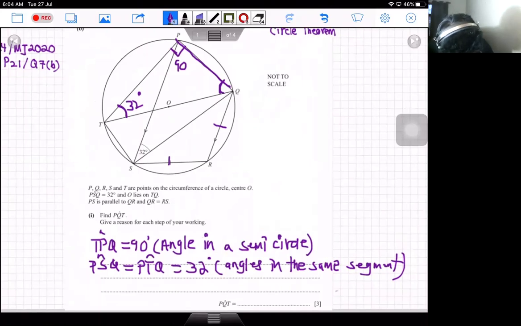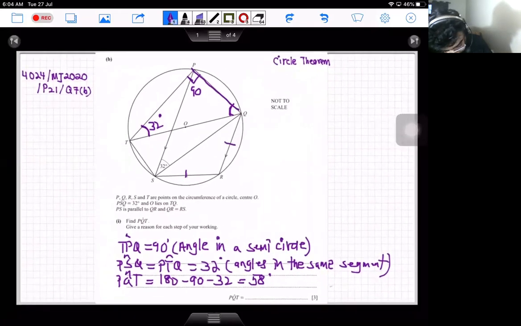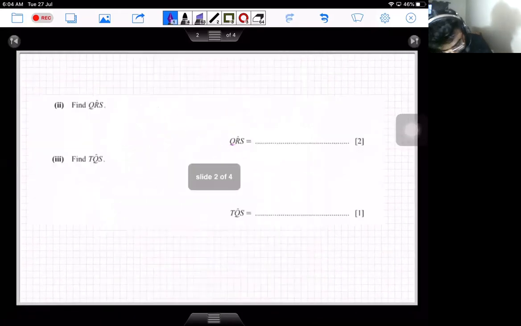So the required angle PQT is equal to 180 minus 90 minus 32, which is 58 degrees. You can mention the statement that the sum of all angles in a triangle is 180 degrees over here. Let's move on to the next part.